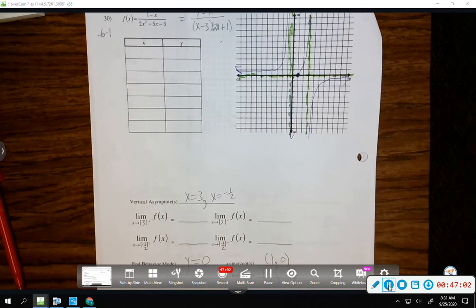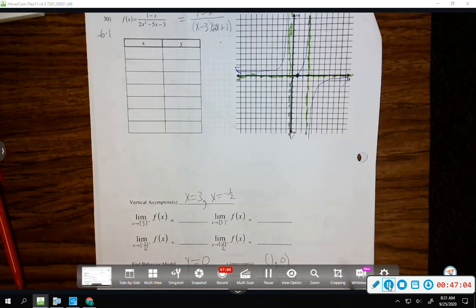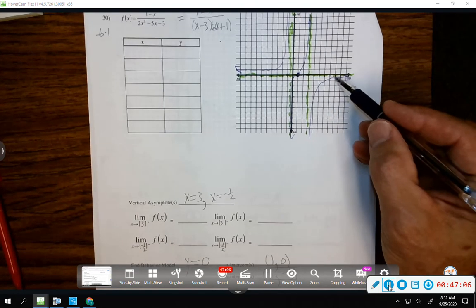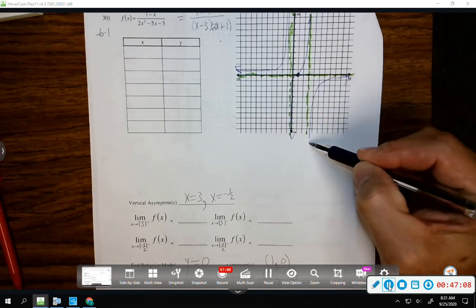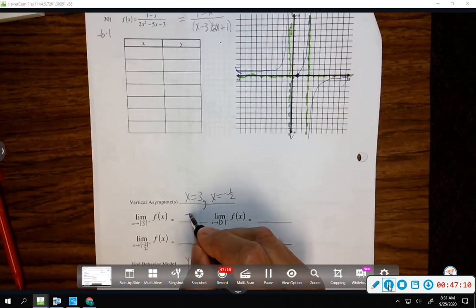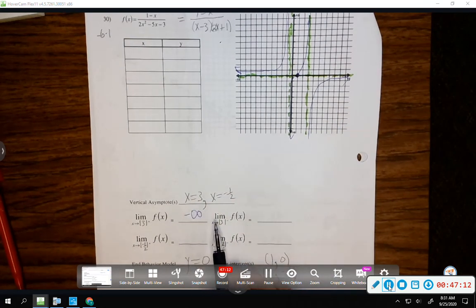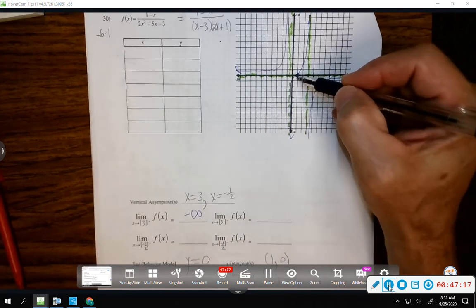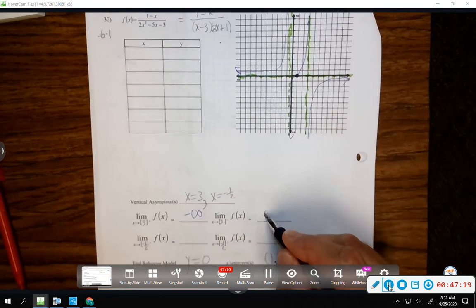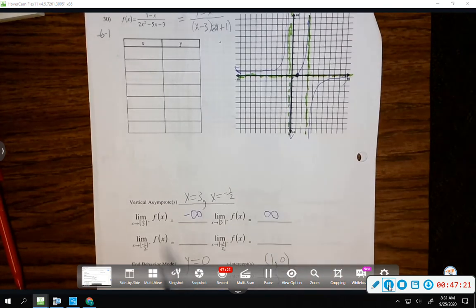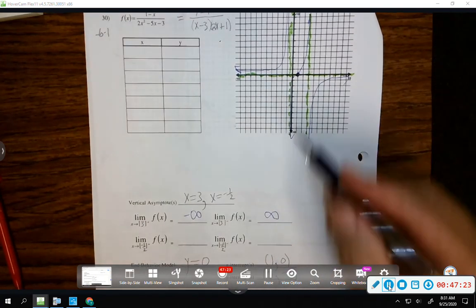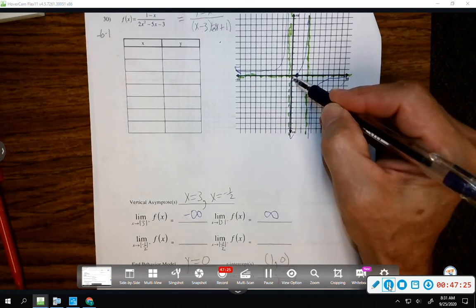As we approach 3 from the right, this is going to go to negative infinity. The limit as x approaches 3 from the left. Remember, that means from the left. I have to be to the left of 3. Oh, it's going to positive infinity. The limit as x approaches negative 1/2 from the right. So I'm to the right of negative 1/2. I'm getting closer and closer and closer to x being negative 1/2.